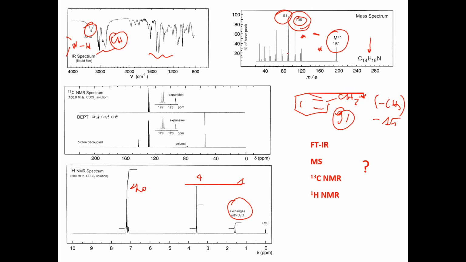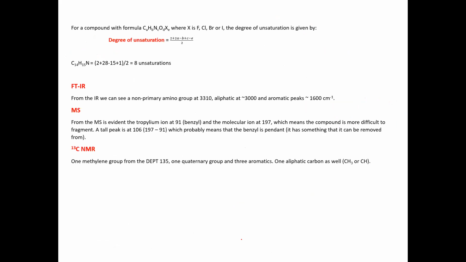So you have 2 benzyl fragments and something in between. Each benzyl fragment is how many protons? 7. You have to accommodate 15. 7 plus 7 makes 14, plus this one, you get your 15.